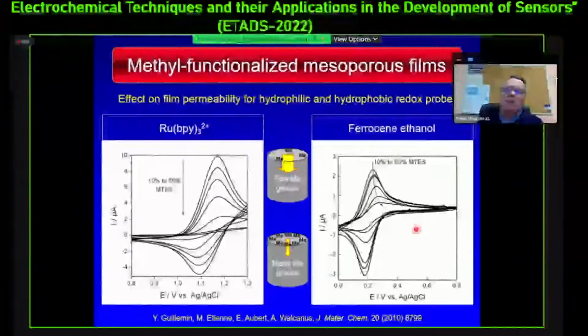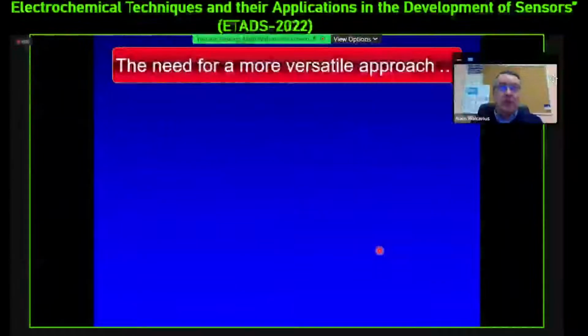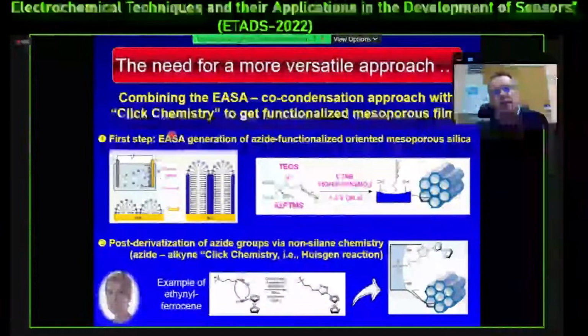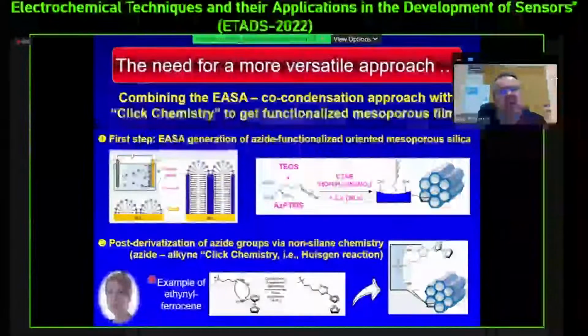So now, if we would like to have more sophisticated organofunctional groups inside the film, we need to develop other methods for functionalization. And what we proposed is a combination of the electro-assisted self-assembly of an azide-functionalized film with click chemistry.